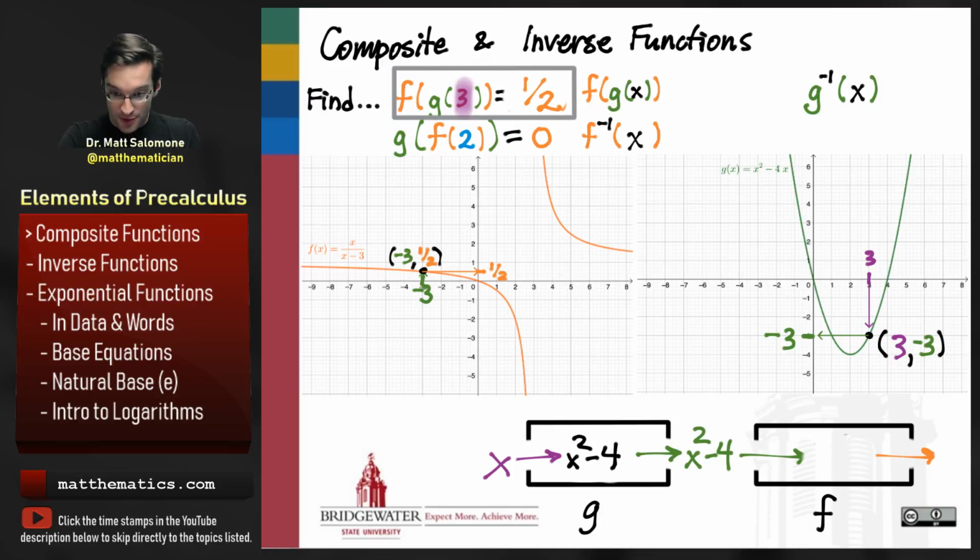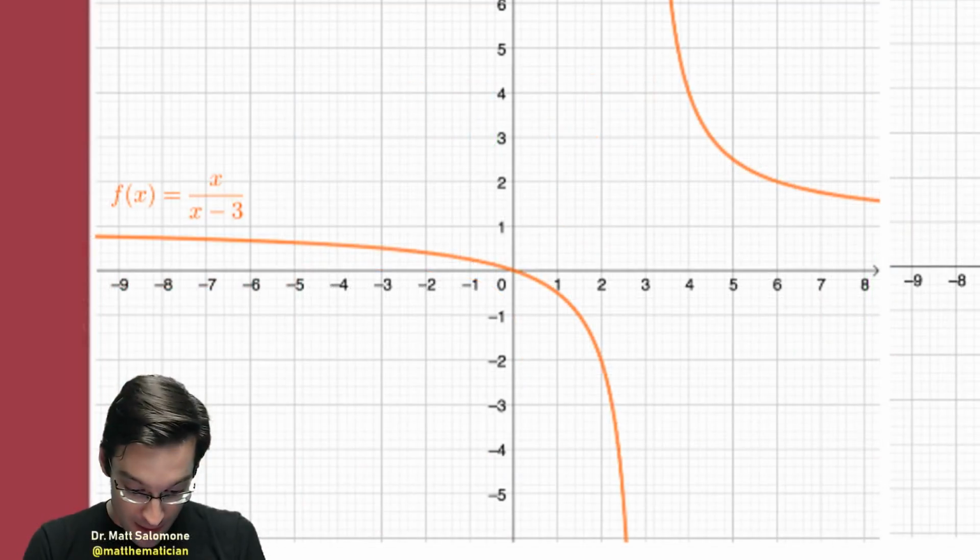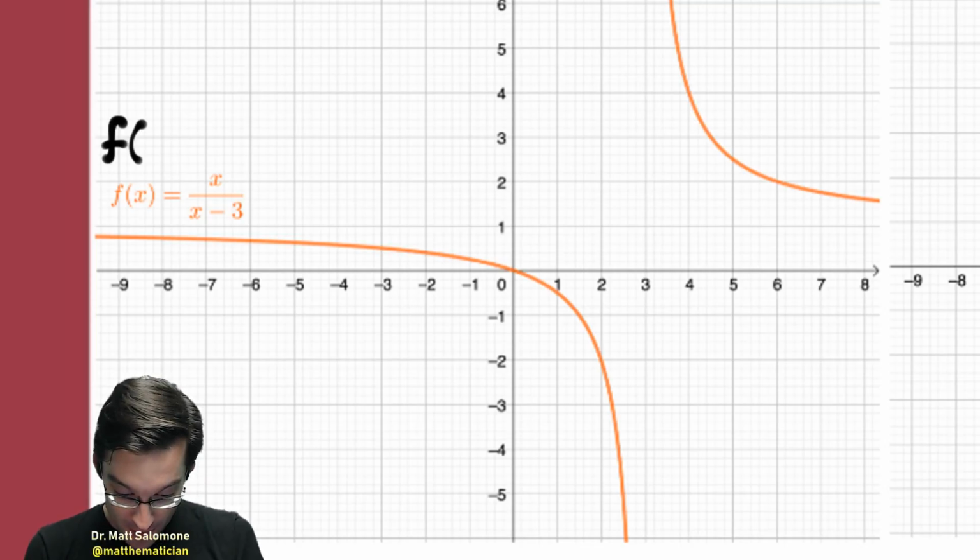Let's zoom in on this for a moment, because I want to make sure that I'm explaining this as carefully as possible. What I'm doing at this point is trying to evaluate not f of x, but f of x squared minus 4, when I'm doing f of g of x.